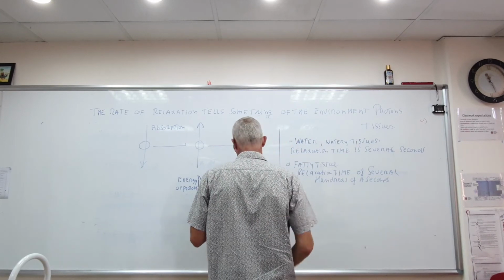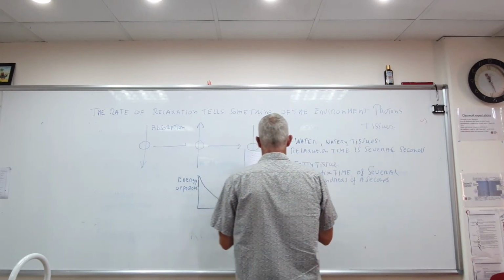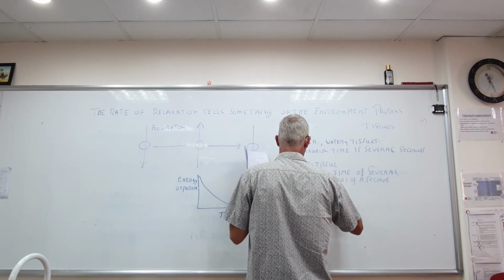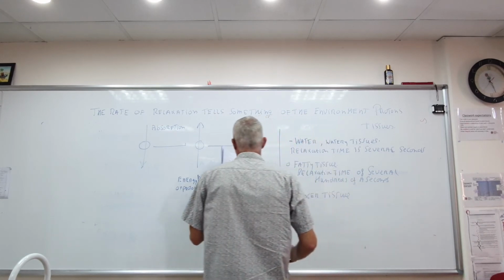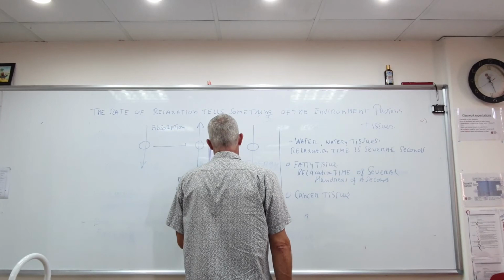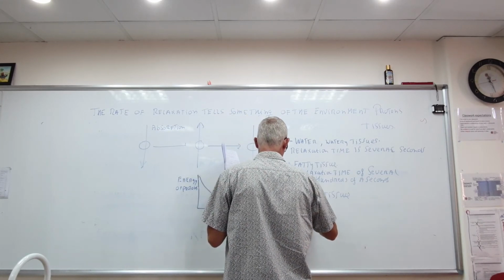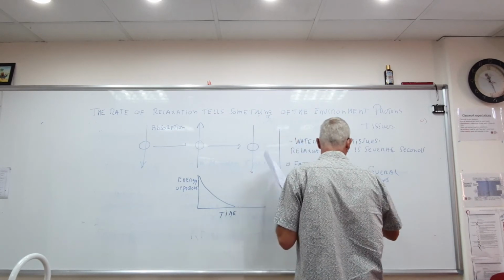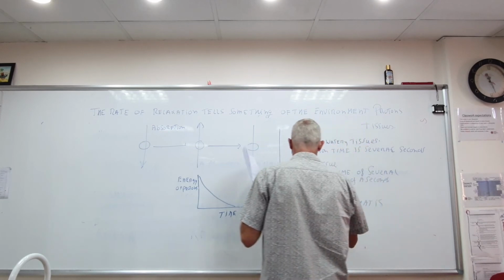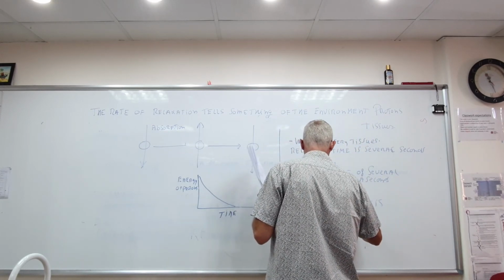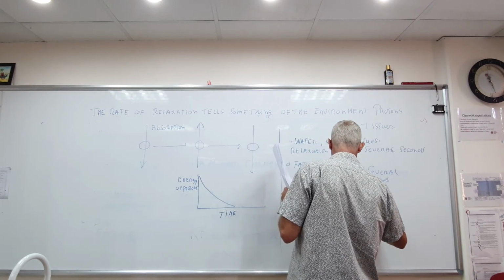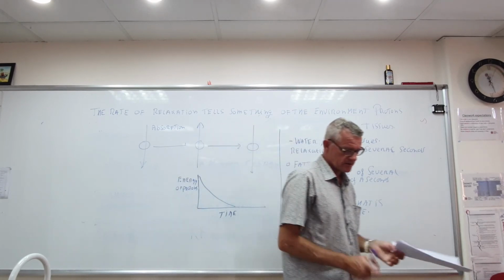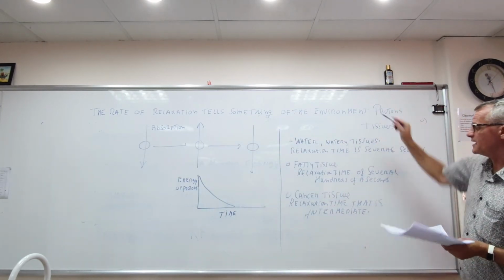And when we look at cancer tissues, yeah, they have a relaxation time that is intermediate. Okay? Yeah? So, we can distinguish the different tissues with the different relaxation times.